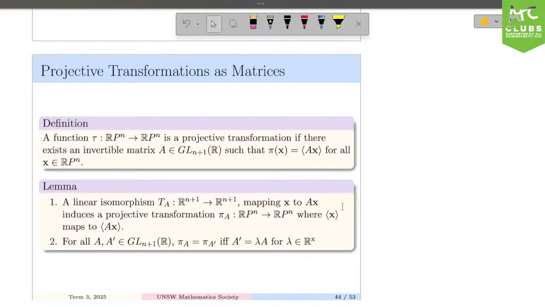So, if we have some invertible matrix A, note that A is dimension 3 for the projective plane because our homogeneous coordinates are three-dimensional. And if we have some matrix A, this gives us a transformation tau of some subspace X is equal to the subspace AX.